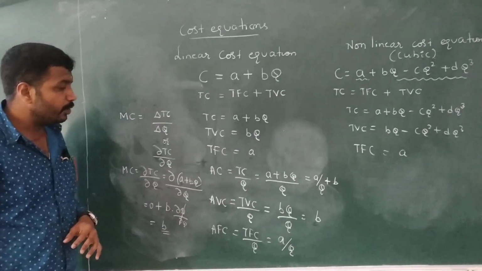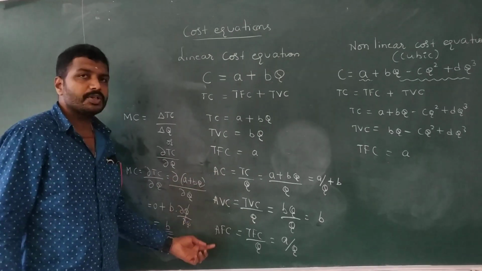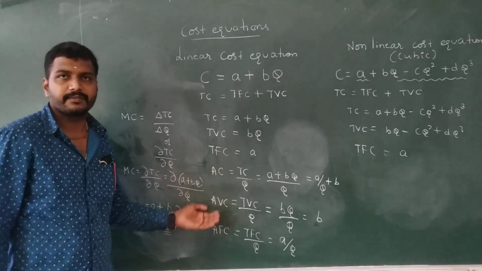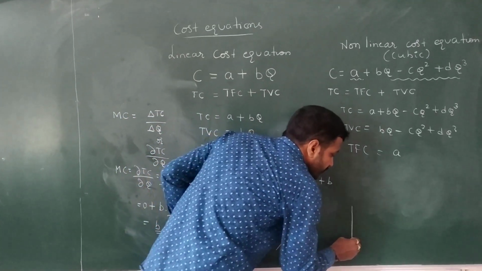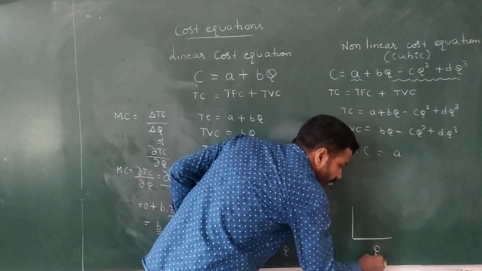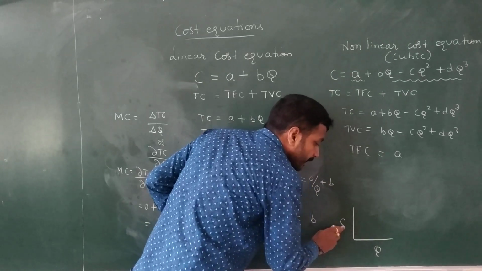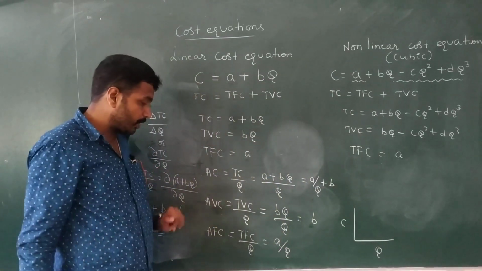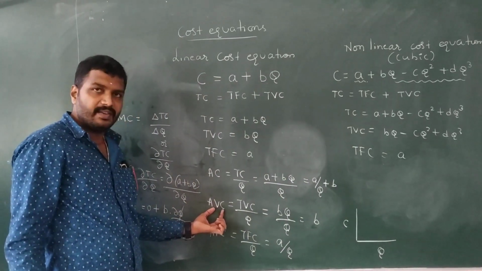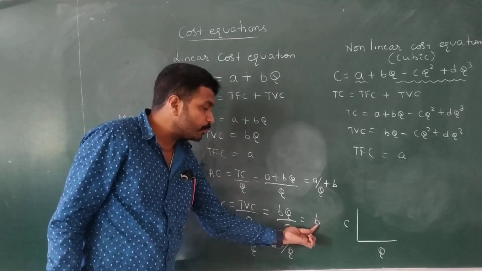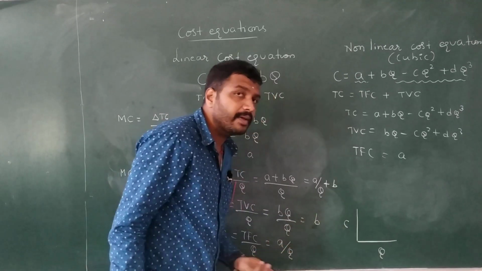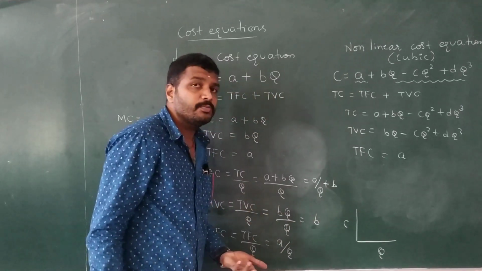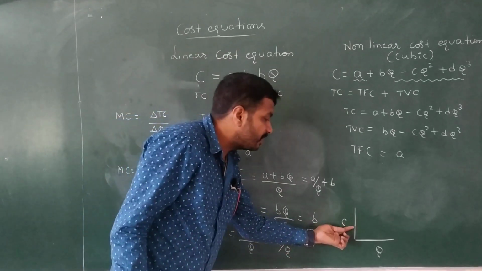Now we will look into the shape of these curves. Here cost will be there, the relative cost. First we will consider AVC. As I have mentioned, it used to be a constant, which used to be B. B can take any value for that matter. Let us assume that it is 2, then somewhere here it will be.